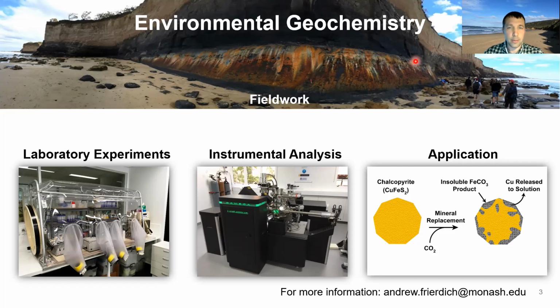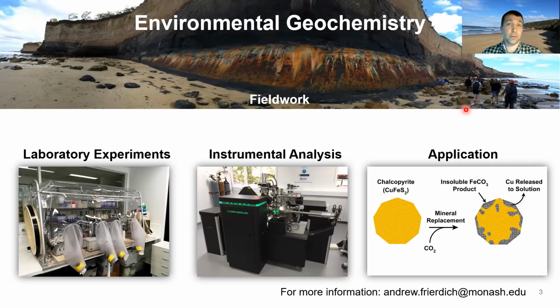I also do a lot of laboratory work as well, and I use fancy instruments. This thing's called an atom probe. It's pretty cool. I do a lot of work at the Australian Synchrotron as well. And likewise, like I mentioned before, we do applied research as well. In this right diagram is a summary of a project that we currently have in collaboration with Newcrest Mining called Carbon Neutral Copper.